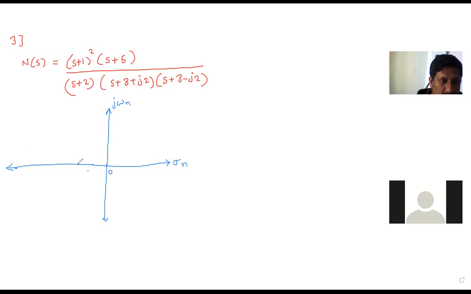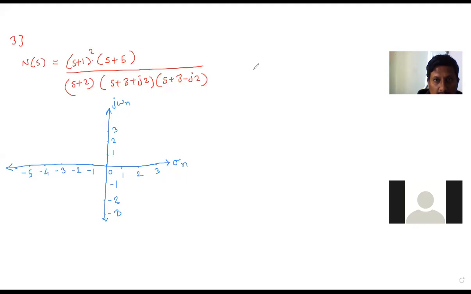This is minus 1, minus 2, minus 3, minus 4, minus 5. Up to 3 I will take on the other side: 1, 2, 3. Now, first of all, we can plot the zeros because it looks like a simple one.